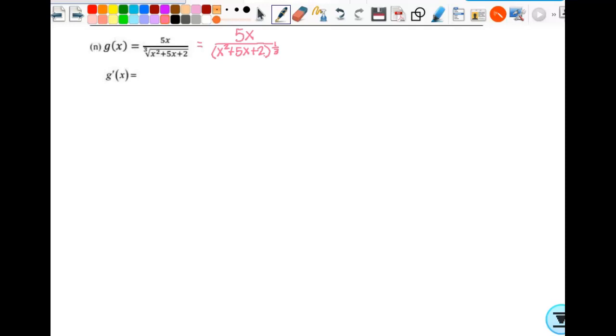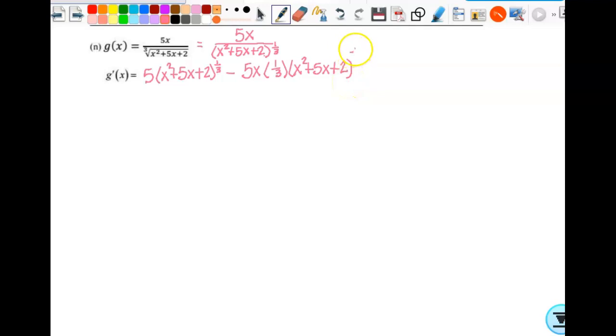Quotient rule says we take the derivative of the first, 5, times the second, that's x squared plus 5x plus 2 to the 1/3 power. It's quotient rule, right? Minus the first, which is 5x, times the derivative of the second, or the denominator. So that's going to give me 1/3 times whatever's inside. I don't disturb that yet. x squared plus 5x plus 2 to what power?